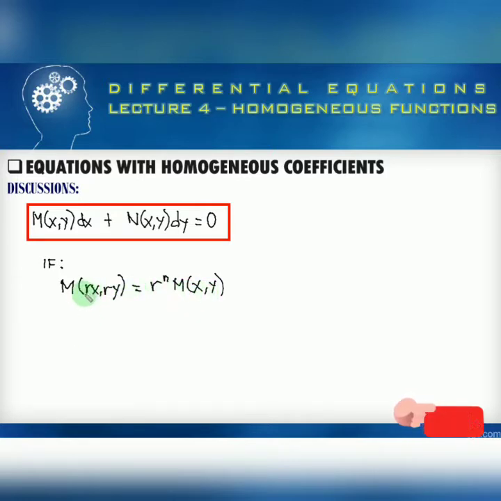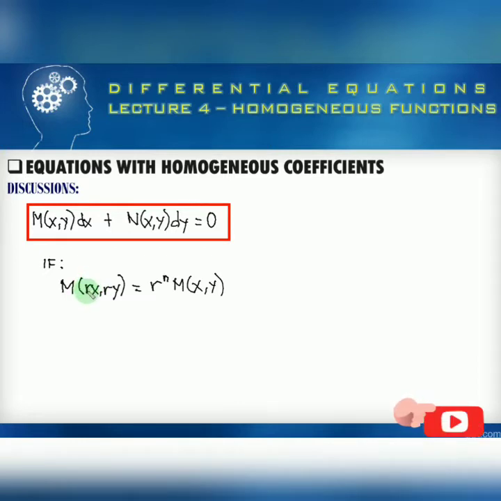Take note, originally it is M as a function of x and y, but we made an assumption here. That is why we introduced this new variable r, so that we can use it on the right side of this formula, in terms of r to the n times the function M of x and y. That is the relationship of this variable r.